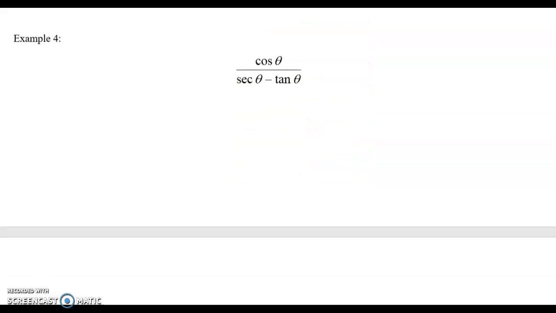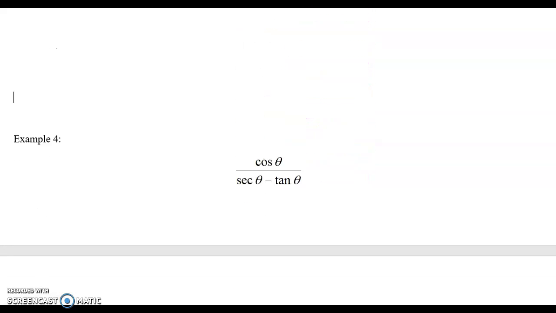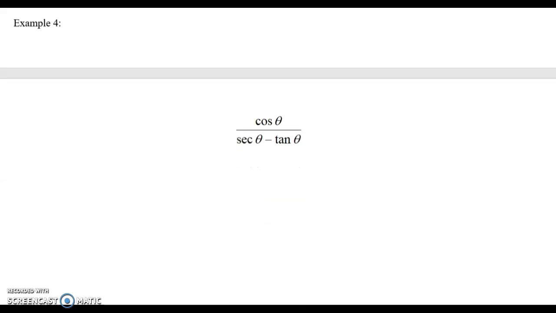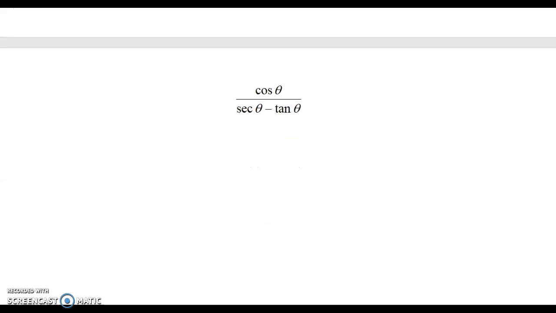And the last example, example 4, we've got cosine theta over secant minus tangent. This one's a little tricky. You have to have seen these work before probably to think to do this. We're going to multiply by the conjugate of our denominator. Remember, conjugate just means we're changing the sign in the middle.